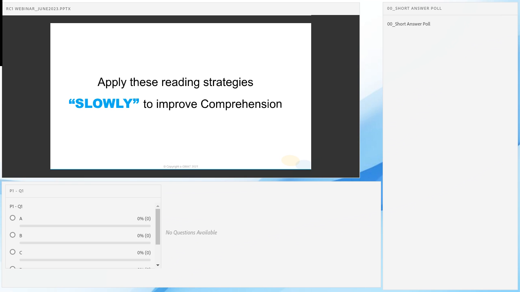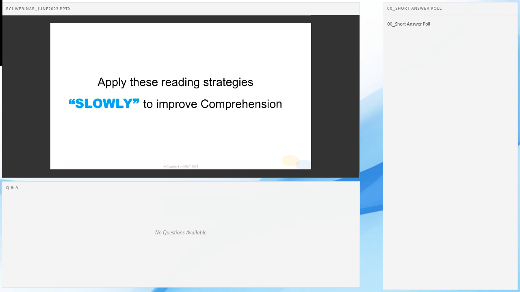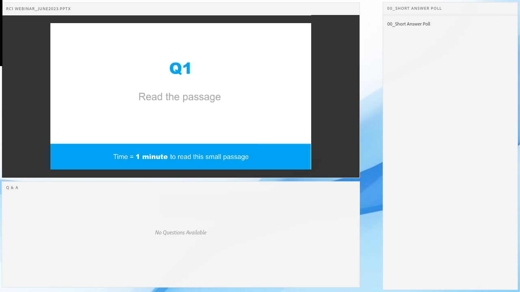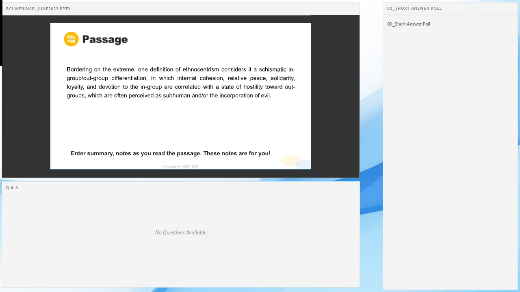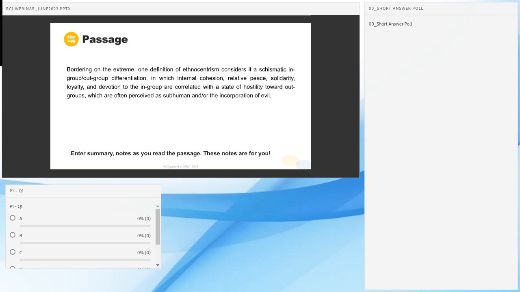I want you to type your summary in here. Here's a single sentence. You'll have a minute to read it and put your summary in here. I'm not going to broadcast results, but you type in, press enter, and the moment you press enter, I will get the summary, and then after a minute, I am going to show you the poll question and you can put your responses in the poll.